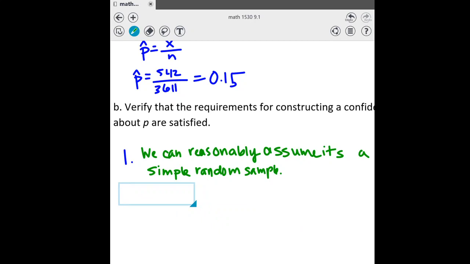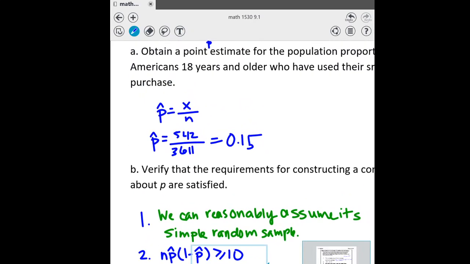All right, the second requirement is that n times p hat times 1 minus p hat has to be greater than or equal to 10. So this is actually a computation that we can do. Our p hat is 0.15. That's what we found in part A. And the other thing we need is n.